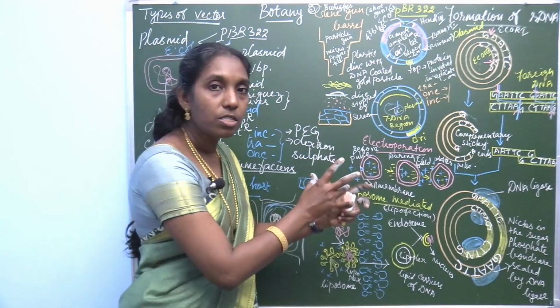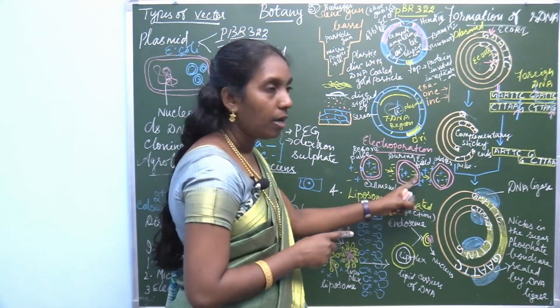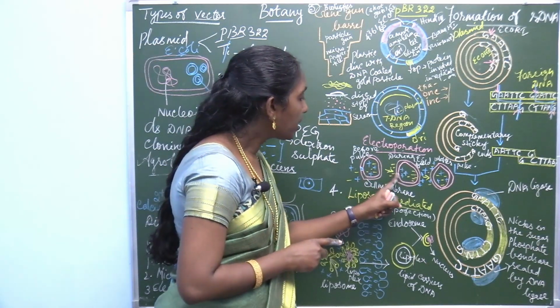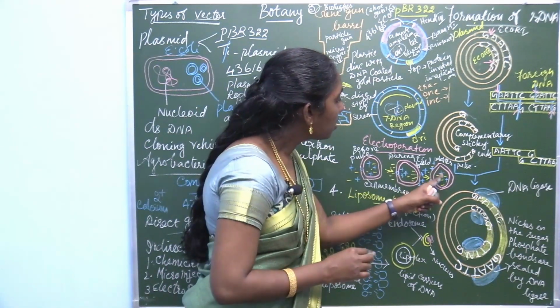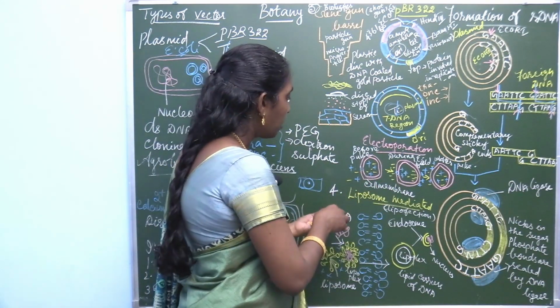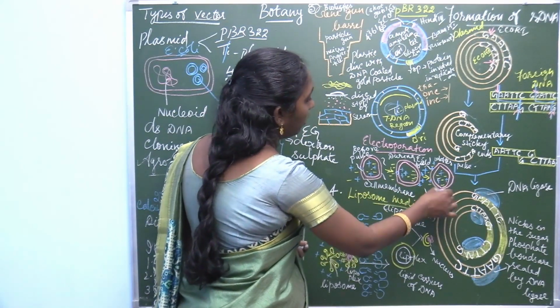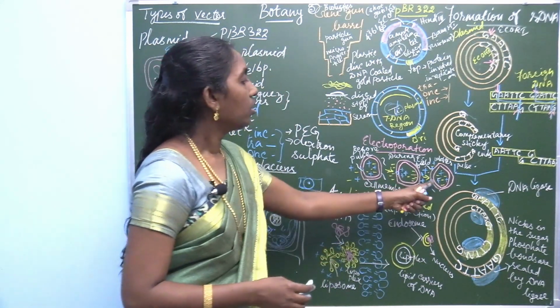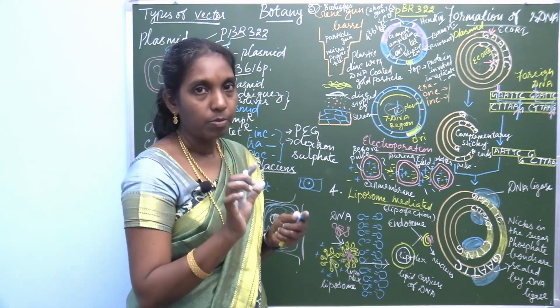Now the pulse of high voltage passes across the membrane, so it creates a pore. This is after the pulse. After the pulse, substances can be transferred through this opening or pore in the plasma membrane.